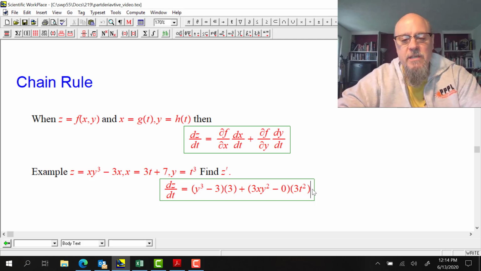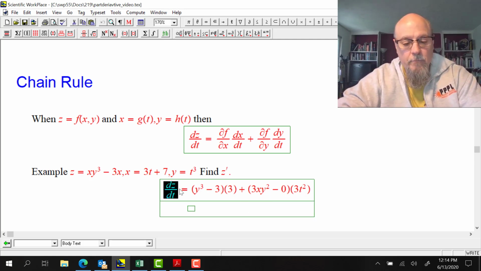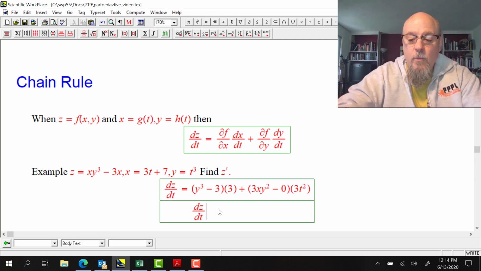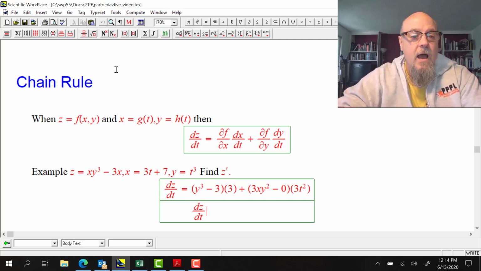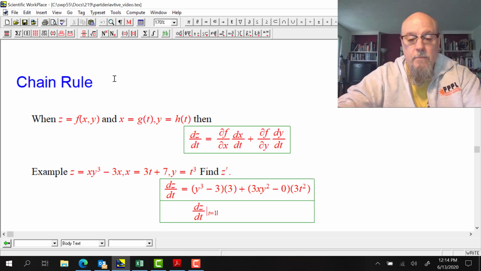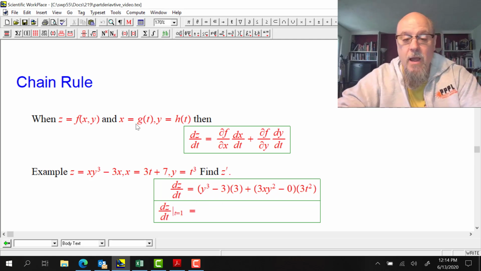Well, how would you actually get a number? If you tell me what the t is, so if I want the derivative, let's continue this example and say we want this evaluated at t equal 1. So I'm going to get a number. I want the slope when t is equal to 1.